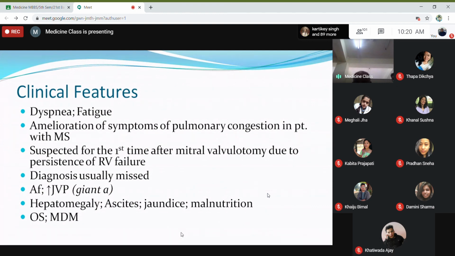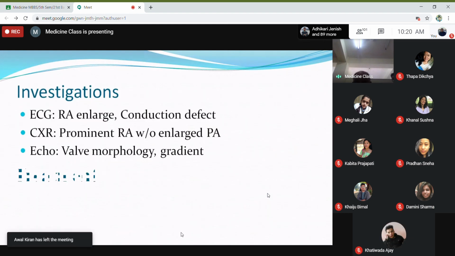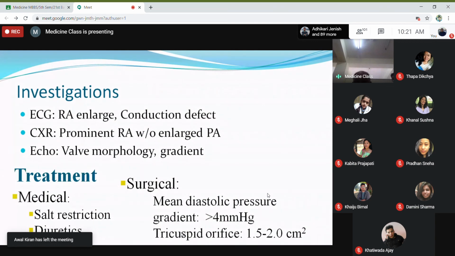Diagnosis is usually missed, and you will have atrial fibrillation. There will be hepatomegaly, ascites, jaundice, malnutrition, and a mild diastolic murmur in the tricuspid region. Investigations are the same, and treatment is also more or less similar, like the use of diuretics and surgical treatment.